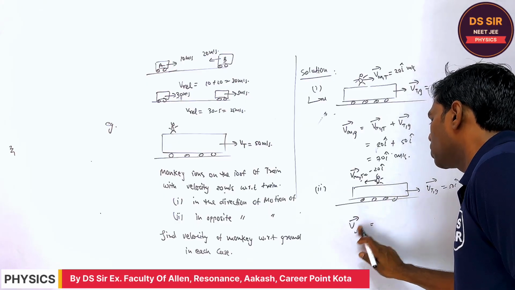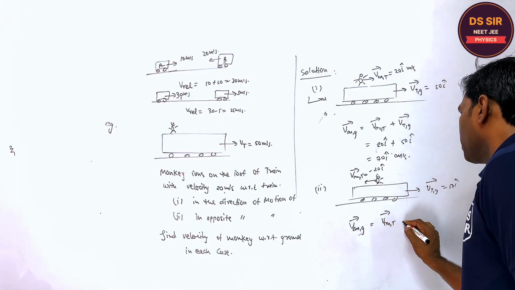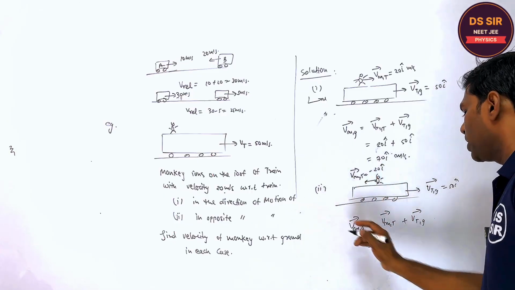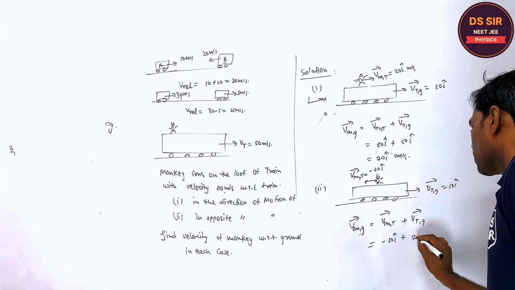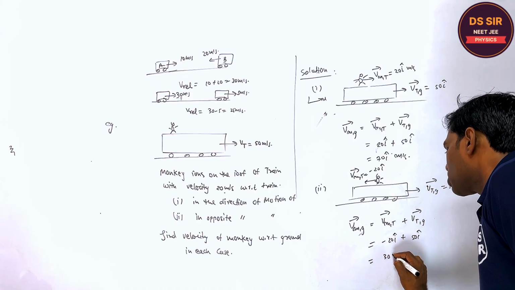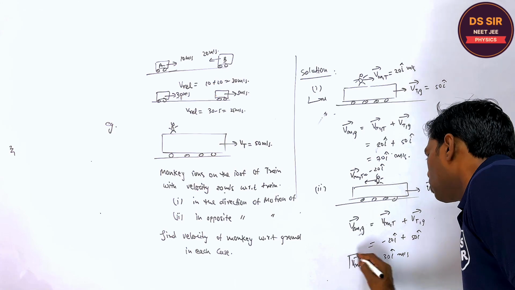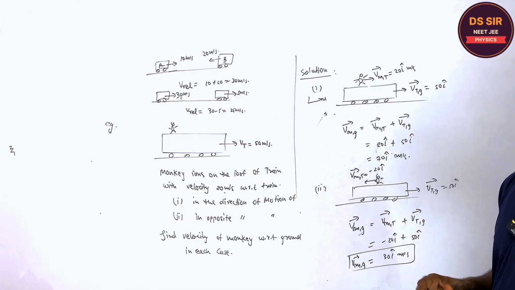Tell me, velocity of monkey with respect to train plus velocity of train with respect to ground. Monkey with respect to train is minus 20 i cap. The train with respect to ground is 50 i cap. So this is 30 i cap meter per second. It means with respect to ground, the monkey appears to move with the speed 30 meter per second in the forward direction.